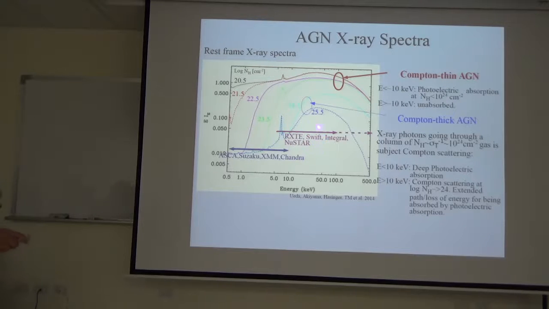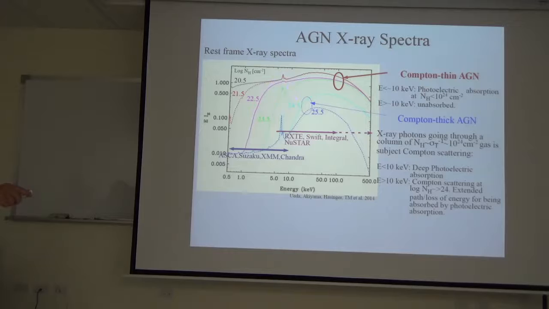will join this fleet. These are more or less typical unabsorbed type 1 AGNs. But if you have more column density, then photoelectric absorption starts to eat up soft X-rays, and these are more typical type 2 AGN X-ray spectra.